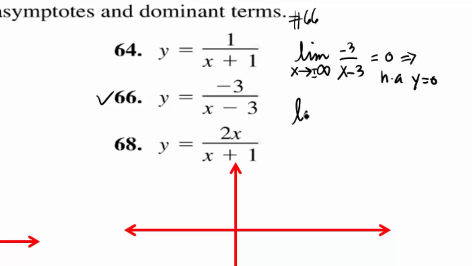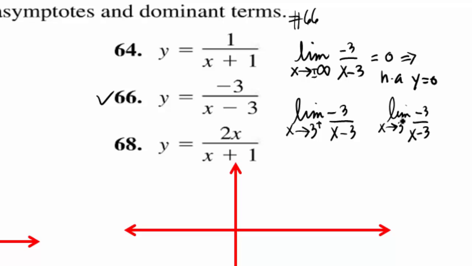Now when we take the limit of -3 divided by x minus 3 as x approaches 3 from the right, and we also take the limit of -3 over x minus 3 as x approaches 3 coming from the left, then we will find out what the vertical asymptote is.